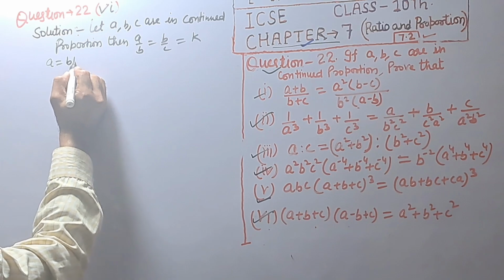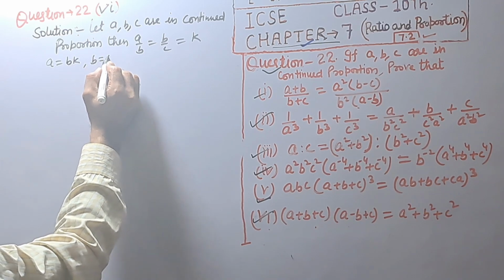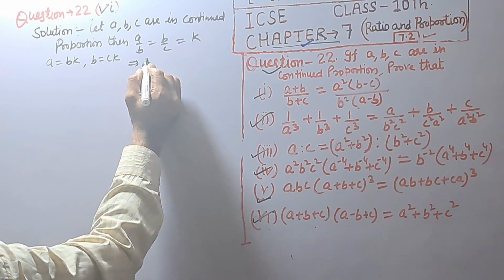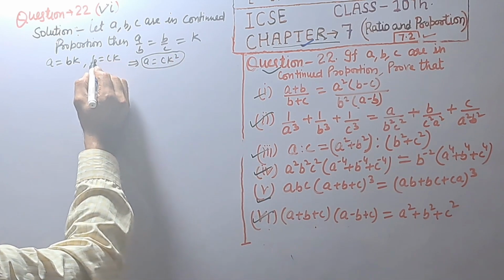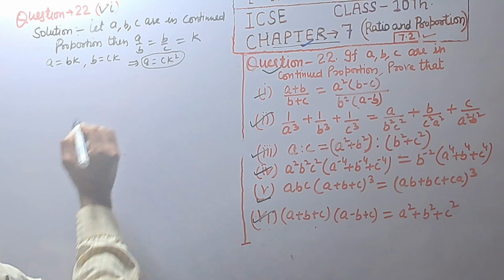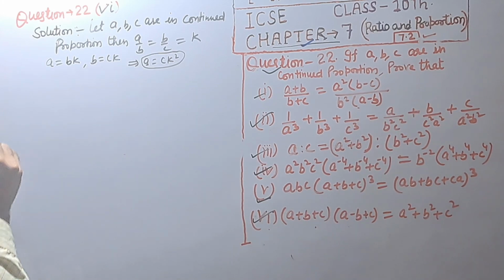A is equal to bk, b is equal to ck, which implies a is equal to ck raised to power 2. We are putting b in here, then we get the value of a equal to ck square.